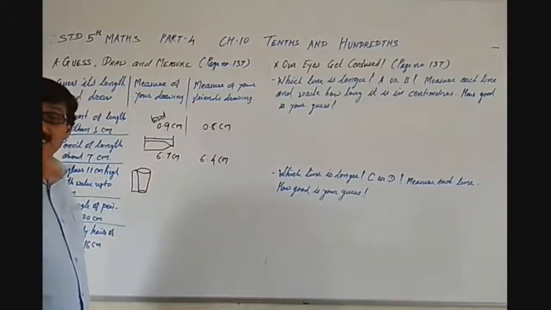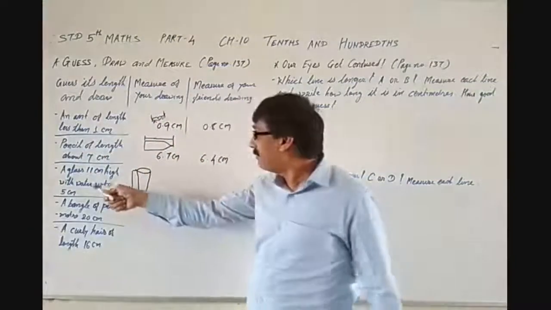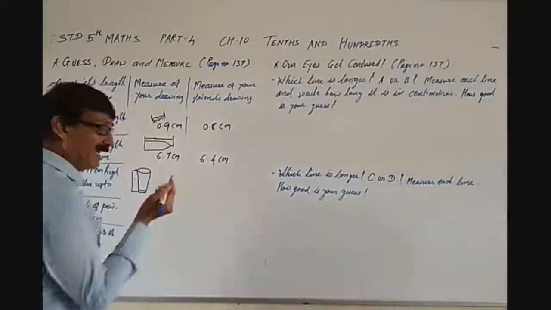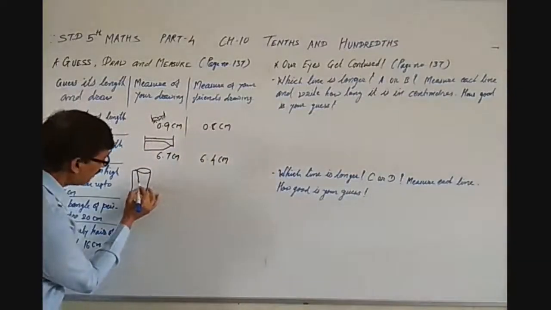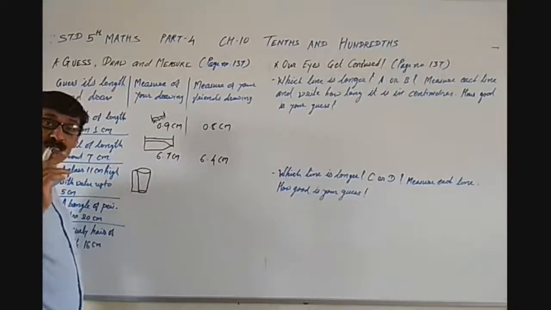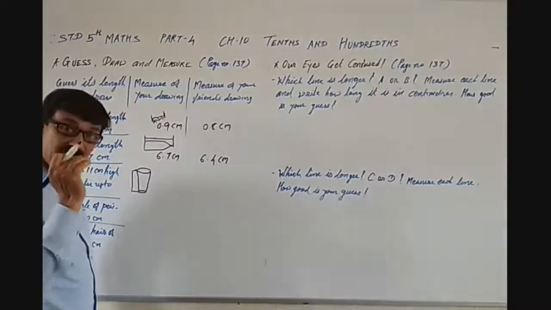Second thing, a glass 11 centimeter high with water up to 5 centimeter. So then guess that it must be up to 5 centimeter. 11 centimeter means the half is 5.5, so it should be less than half.